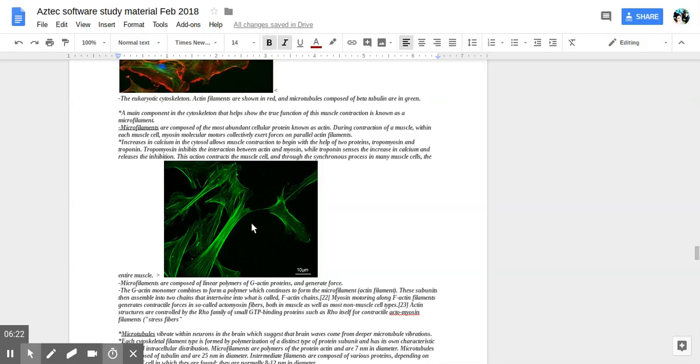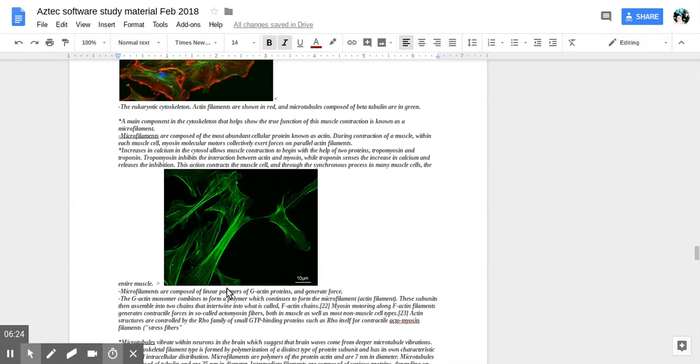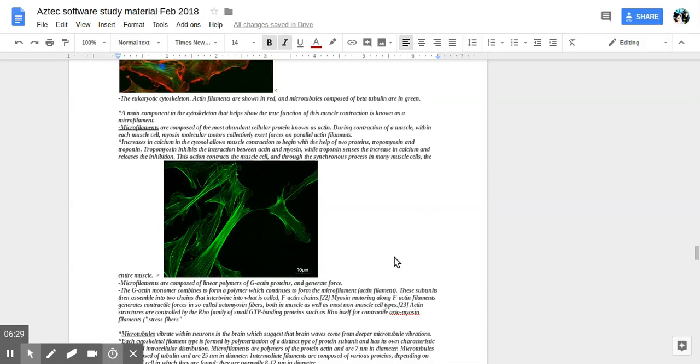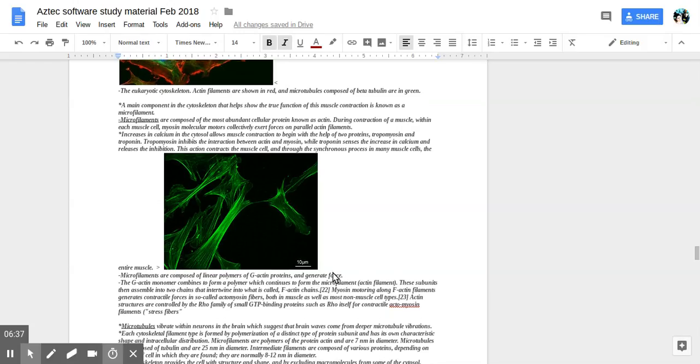The G-actin monomers combine to form a polymer, which continues to form the actin filament. These subunits assemble into two chains intertwining into what is called F-actin. Myosin motoring along F-actin filaments generates forces of contraction in so-called actomyosin fibers, both in muscle cells and non-muscle cell types where there's movement.